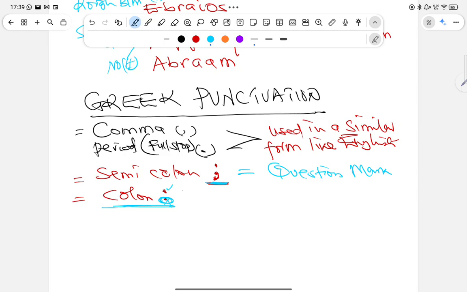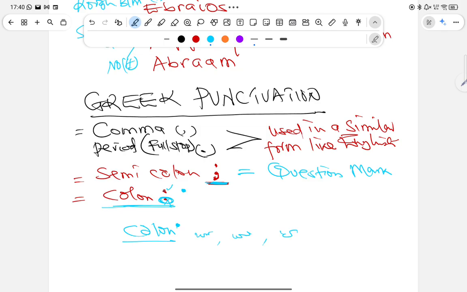And so literally, you're just going to find a dot at the end of the word. You're not going to find a lower one. So it's almost going to appear like a mistake, like it was just a typo, but it's not. So you find a word and then a dot on top of it. That is a colon. And so you're going to probably find a listing of things following, word and word being listed.